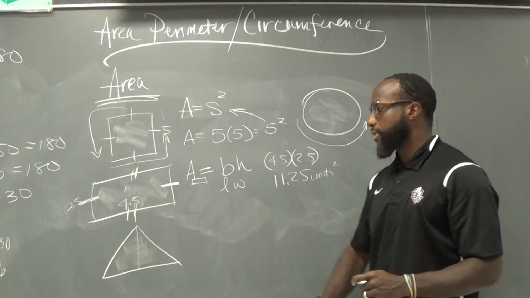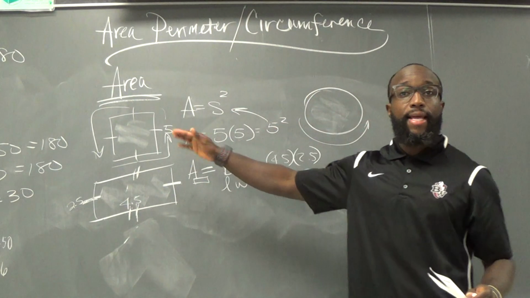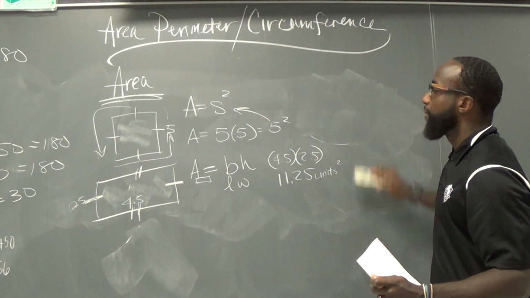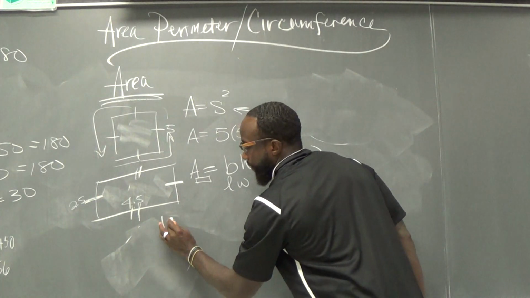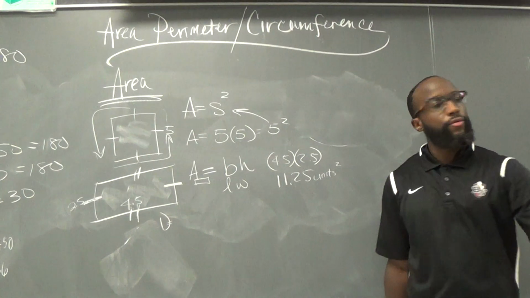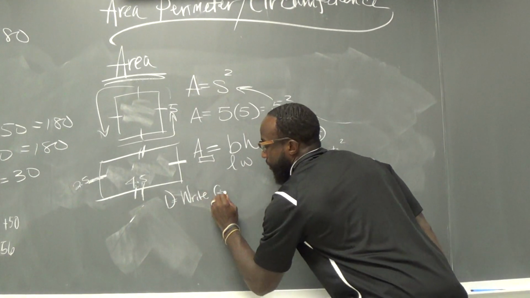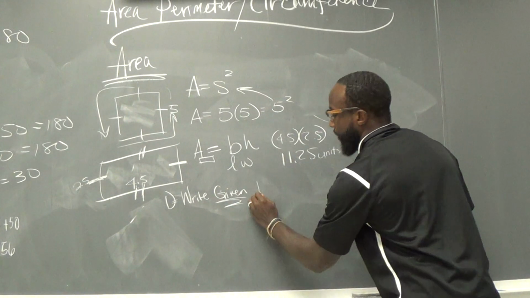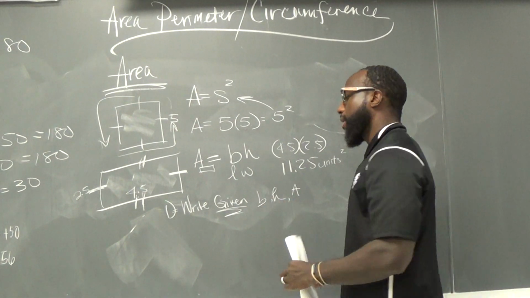Let's look at this one. Before we go further, when you're trying to find an area, circumference, perimeter, or whatever, the first thing you want to do is identify what they give you. So you want to write what's given. That's going to be either the base, the height, or the area, whatever they give you.